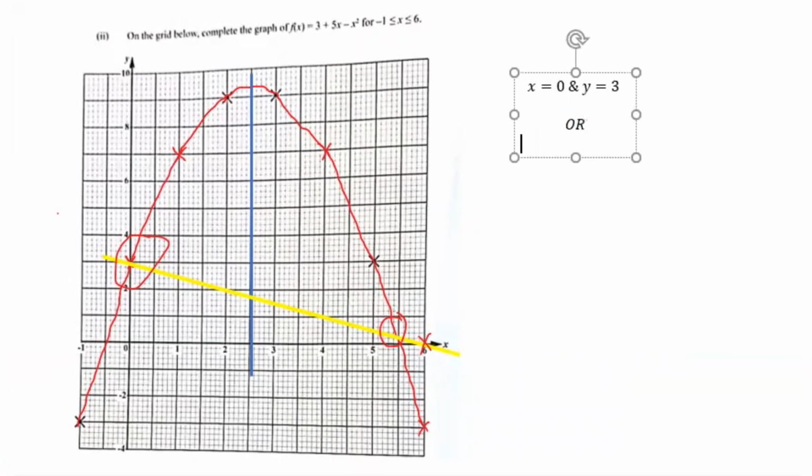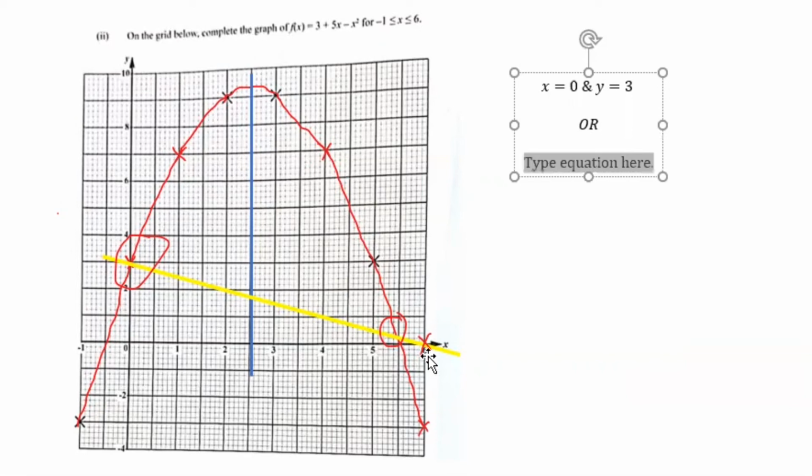Or right here, let's say they overlap at this point, which is halfway between 5 and 6. So we can say x is equal to 5.5 and y is equal to, let's say, 0.2, 0.3 thereabout. So let's say 0.3.